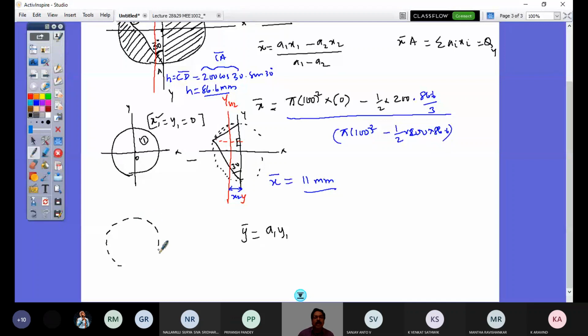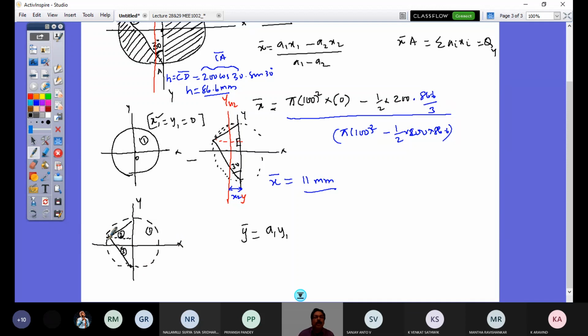In that circle, I have this triangle, and I am dividing this triangle into two more triangles. So let me take 1 as the circle, 2 as this triangle, 3 as this bottom triangle, and I have my reference given by this. So this is my y-axis and this is my x-axis.